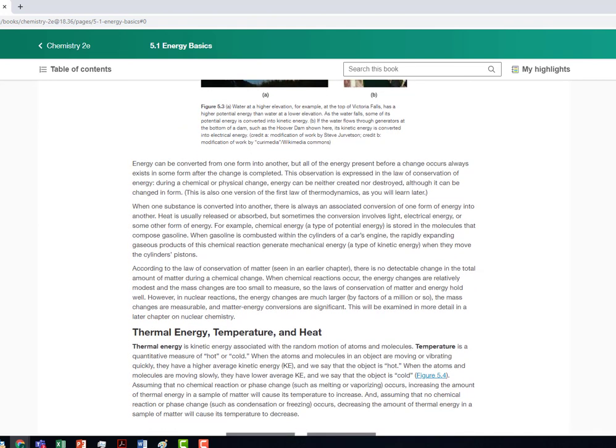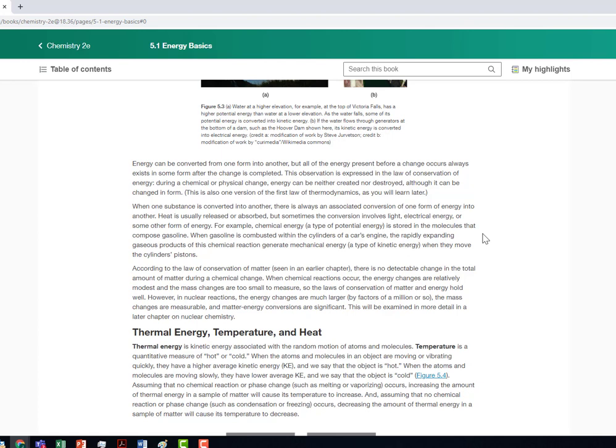One thing I do want to mention here is that we have conservation of energy similar to conservation of mass. We'll get into this in a bit more detail later in this module.